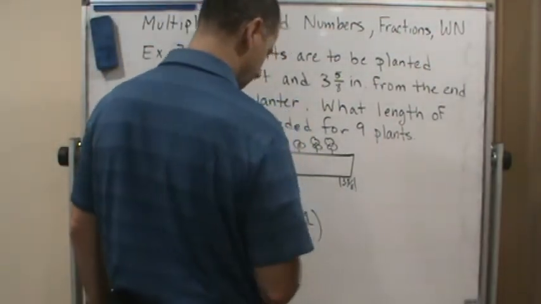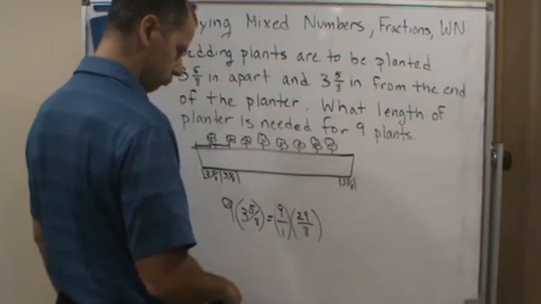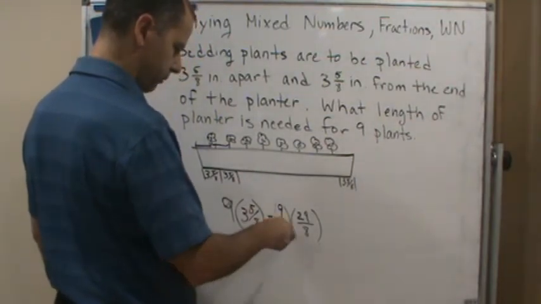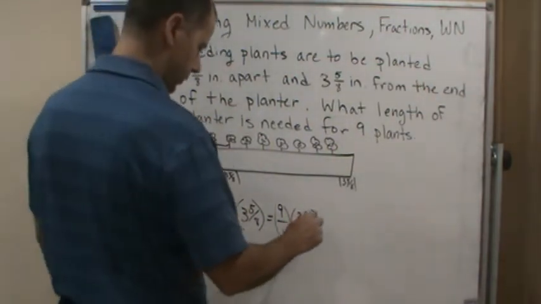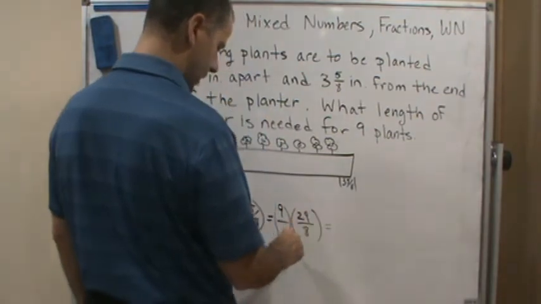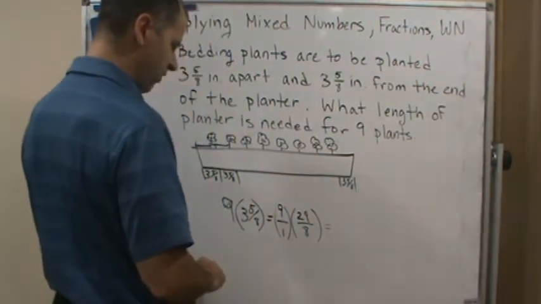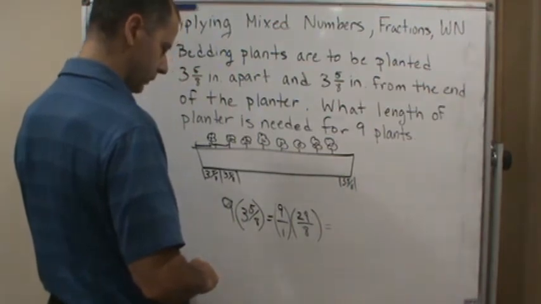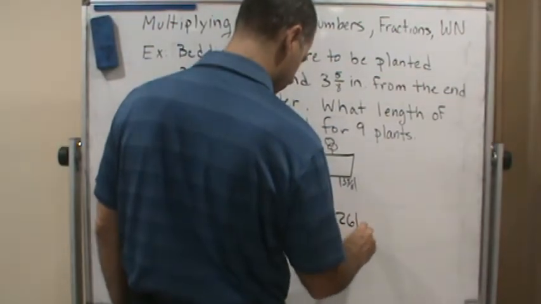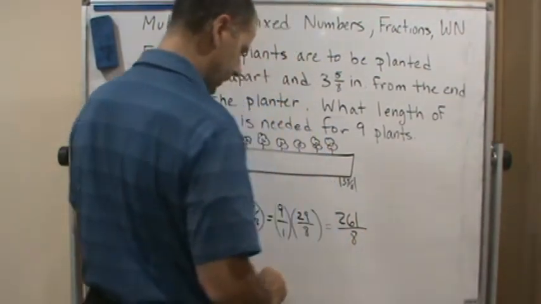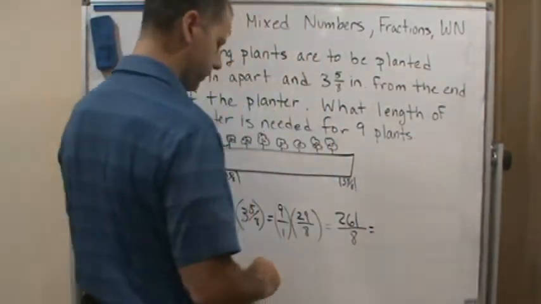And in this case, there's nothing to cancel. There are no common factors in the top or the bottom. So we're going to multiply across, and what do we get? 261 on the top, 8 on the bottom, and then we're going to divide, to change it back into a mixed number.